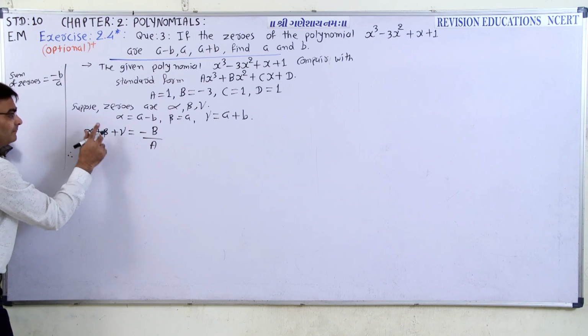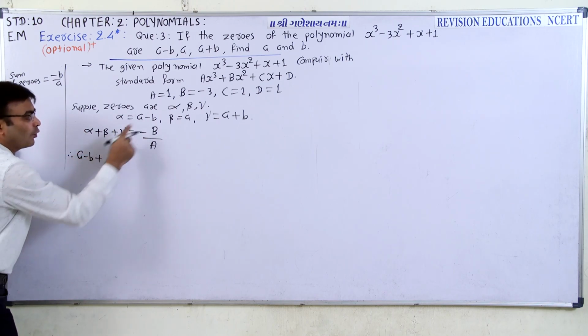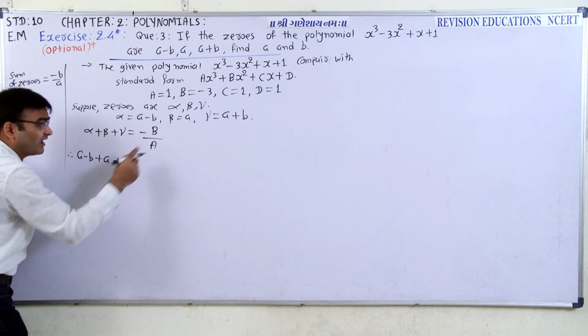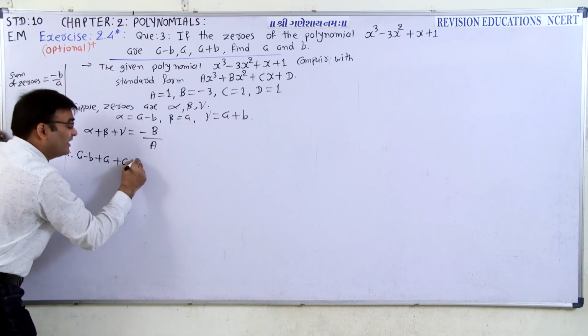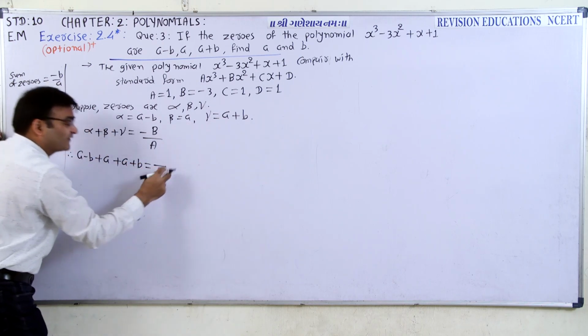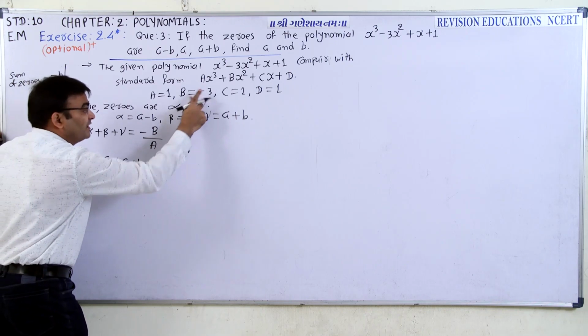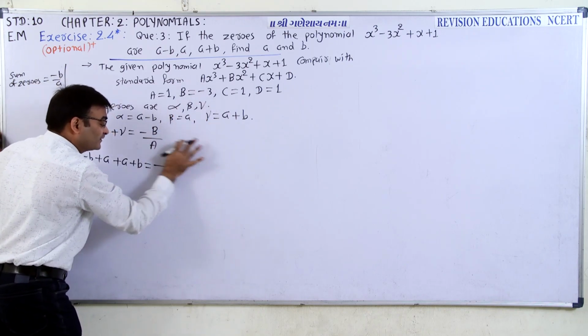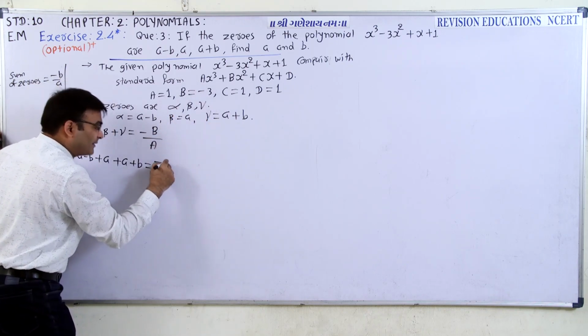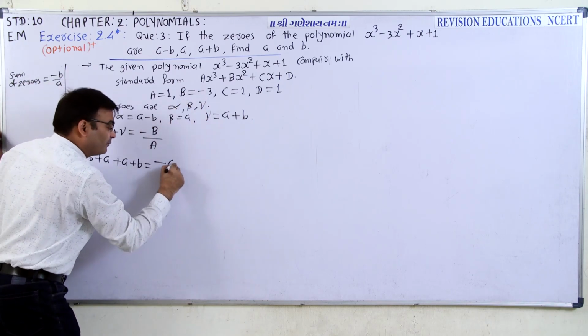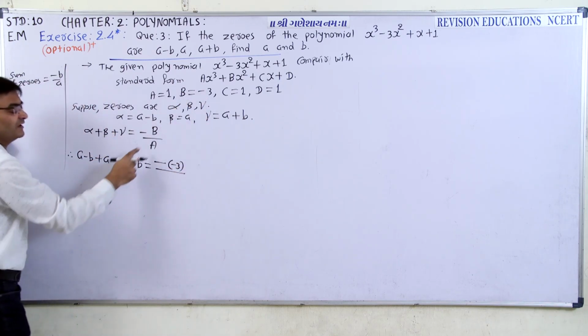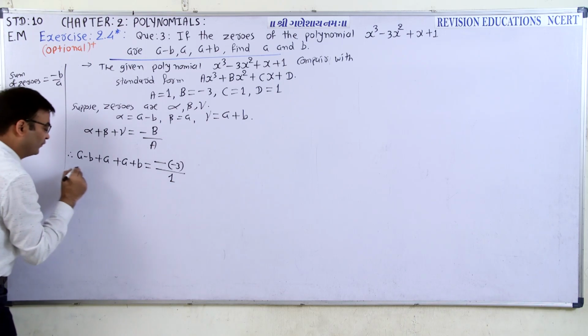What is alpha? a minus b. What is beta, friends? a. And what is gamma? a plus b. Minus, what is the value of B? Minus of the formula's minus, and in place of B we put minus 3. In place of A we substitute 1.